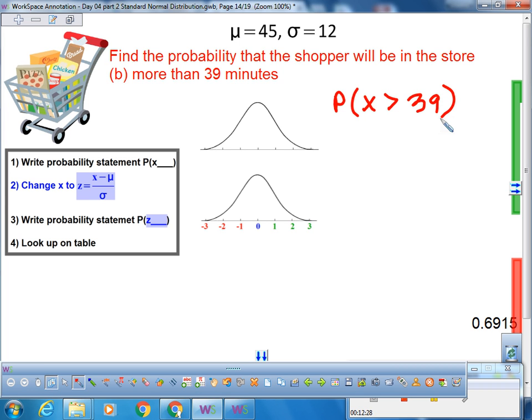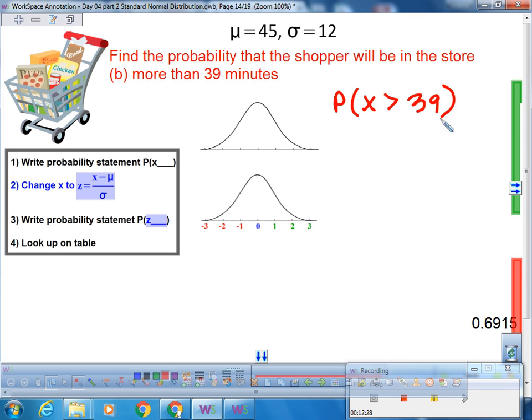So my steps, I'm going to change x to z. So 39 is my x. I'm going to subtract my mean and divide it by 12. Somebody give me that number. Negative 0.5. Negative 0.5.